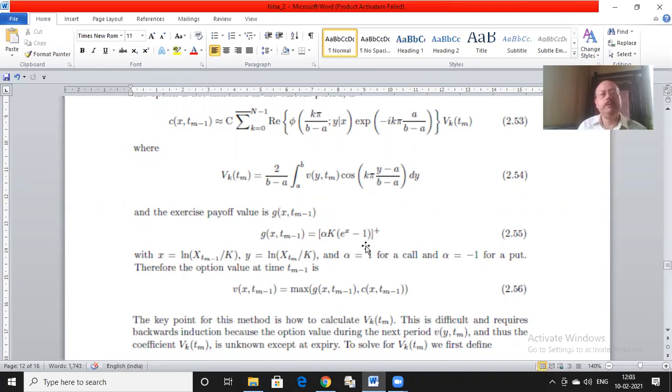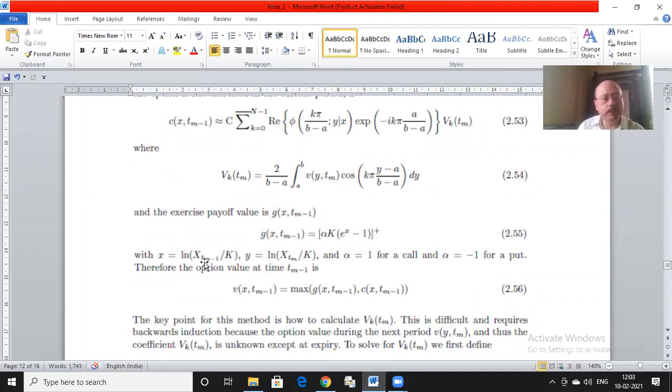The usual formula would be for a call option, stock price minus strike price, positive part of it. And for a put option, the reverse. So this equation 255 actually combines both of these possibilities. If you take alpha equal to 1 here, it will be the call option payoff. And if you take alpha equal to minus 1 here, it will become the put option payoff.